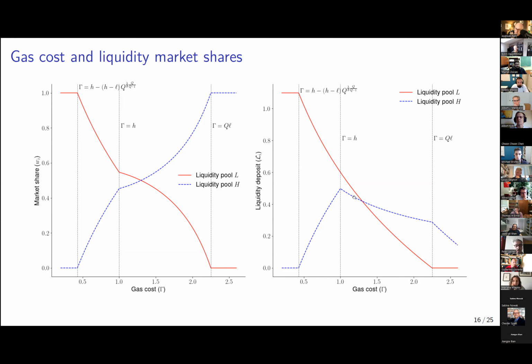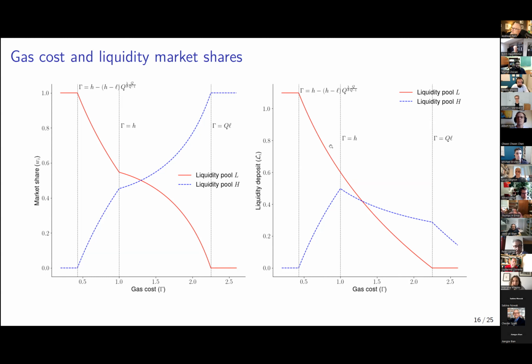So the liquidity mass, the size of the liquidity pool on both the low and the high fee, starts dropping. All of this results in having a higher market share, as gas costs are higher, for liquidity pool H, and conversely a lower market share for liquidity pool L, right?